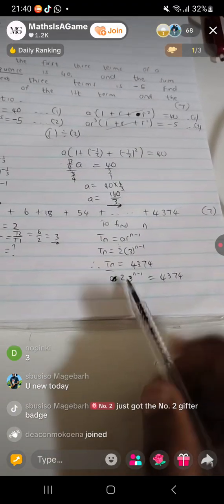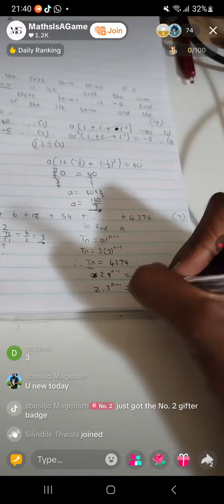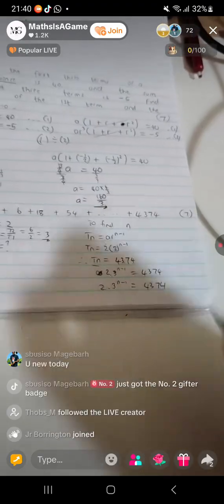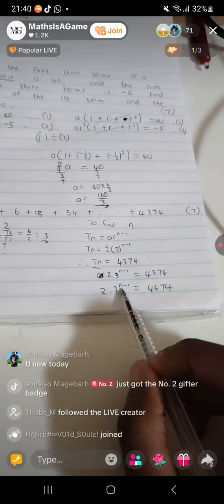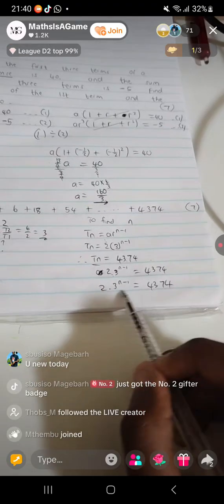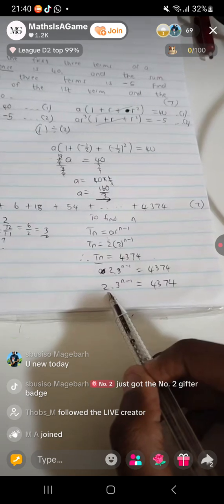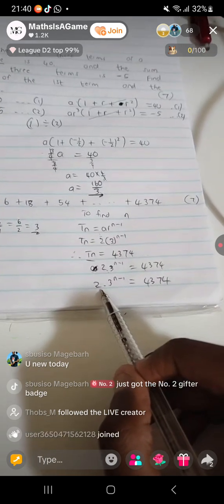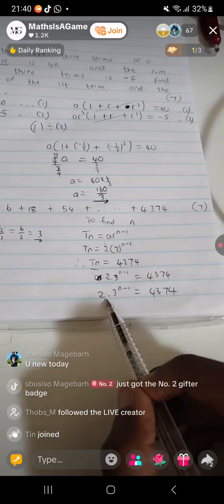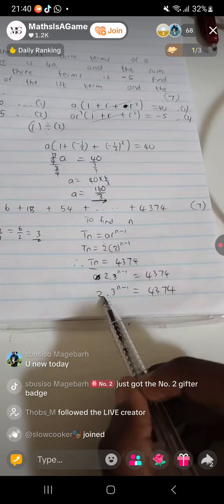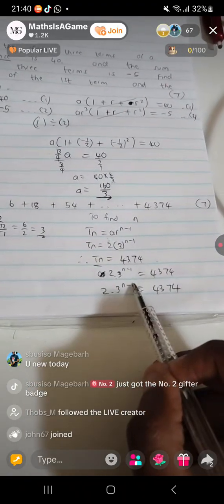So now let's proceed. We have now 2 times 3 to the power n minus 1, which is equal to 4,374. And what do we want to do? We want to solve for n. So if we look at the relationship between the bases, I'm sure you guys can solve this quite easily, but for the benefit of those that may not know how to do this, we have 2, which is the coefficient of 3 to the power n minus 1.